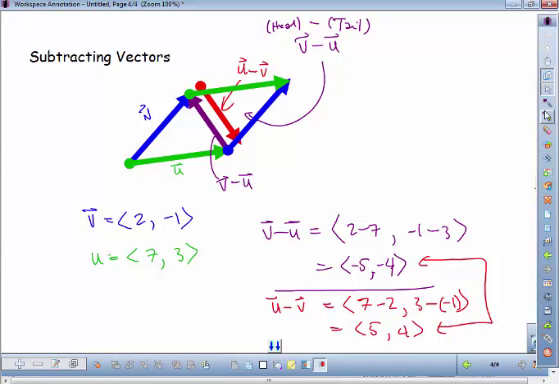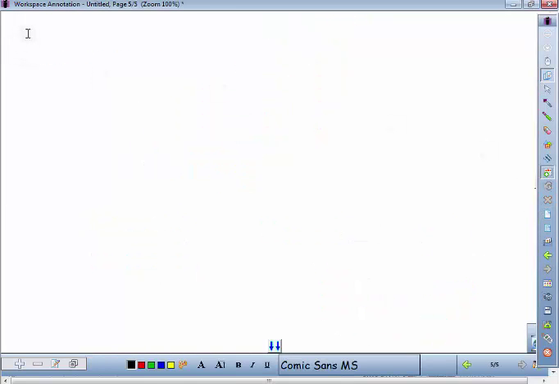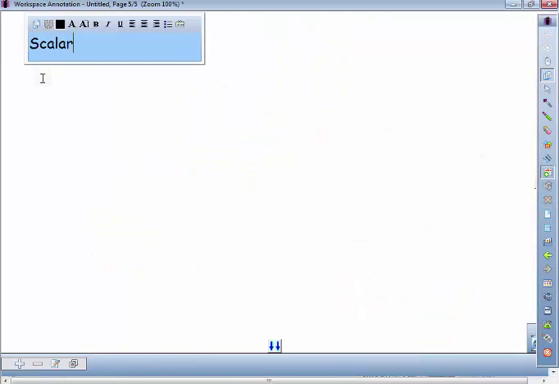There's another multiplication that we're going to take a look at, and that's multiplying a vector with a scalar. This is called scalar multiplication.